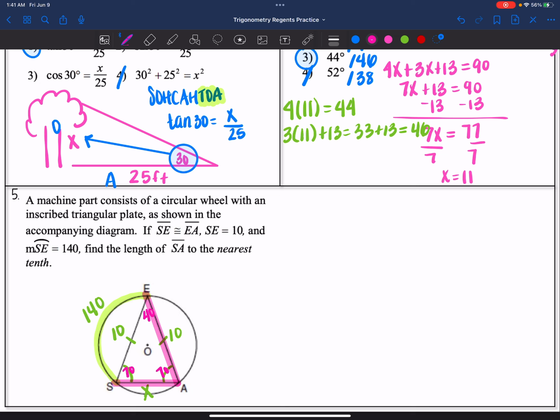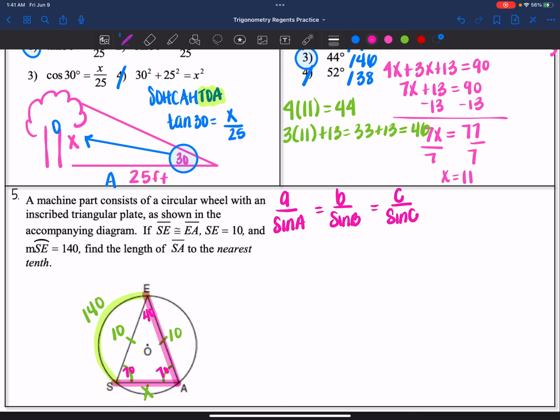I want to find a side in a triangle, I can use the law of sines, which says A over sine of A is equal to B over sine of B, and that's also equal to C over sine of C. So what I need is an angle and the side opposite it, and I can set that equal to another angle in that triangle and the side opposite that.